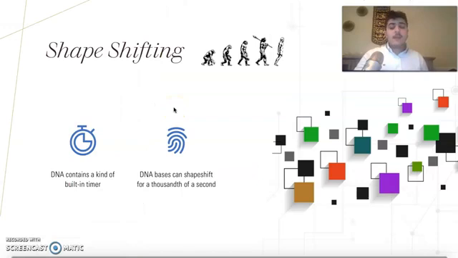Scientists have discovered that DNA contains a kind of built-in timer that clocks the frequency with which mutations occur. They show that DNA bases can shapeshift for a thousandth of a second, transiently morphing into alternative states that allow the molecules' replication machinery to incorporate the wrong base pairs into its double helix.